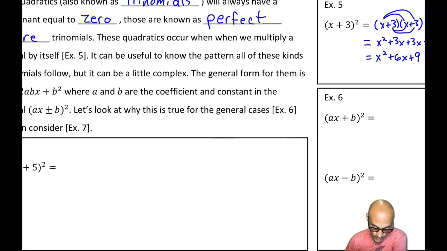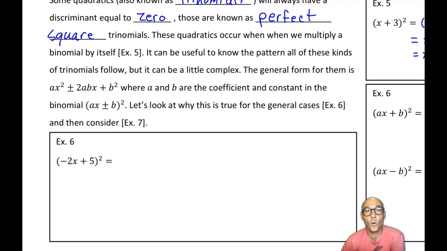It can be useful to know the pattern all of these kinds of trinomials follow, but it's a little complex. The general form, where a and b are just numbers, is ax squared plus or minus 2 times a times b times x plus b squared. So a and b are the coefficient and the constant in the binomial ax plus or minus b, squared.